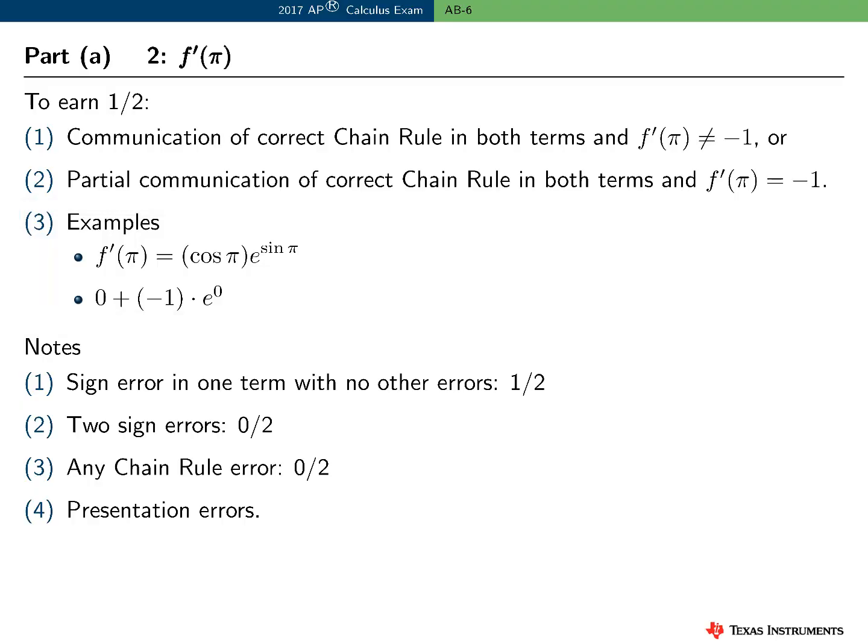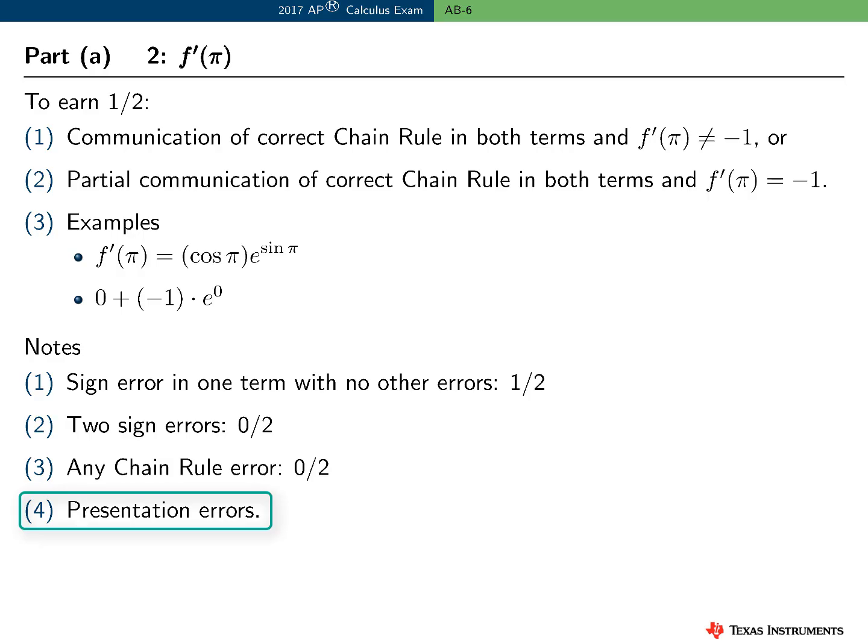Here are some additional notes used in the scoring of this problem. If there was a sign error in one term with no other errors, a student could earn 1 out of the 2 points. However, if there were 2 sign errors, they'd receive 0 out of the 2 points. If there was any chain rule error at all, the student would receive 0 out of 2.